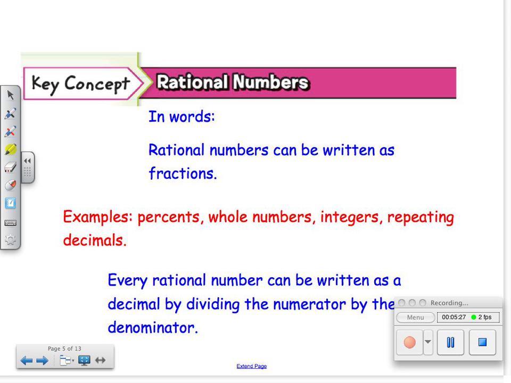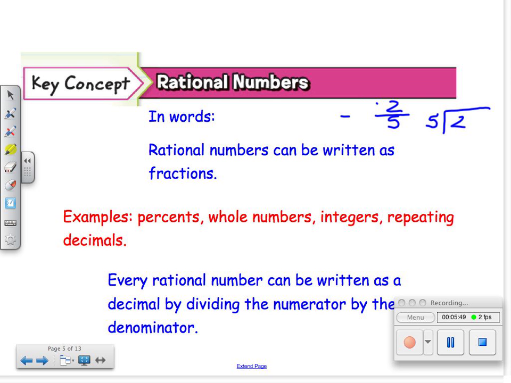So say we had 2 fifths. That's a rational number because it can be written as a fraction. And if I wanted to show what it was as a decimal, I would say 2 divided by 5.